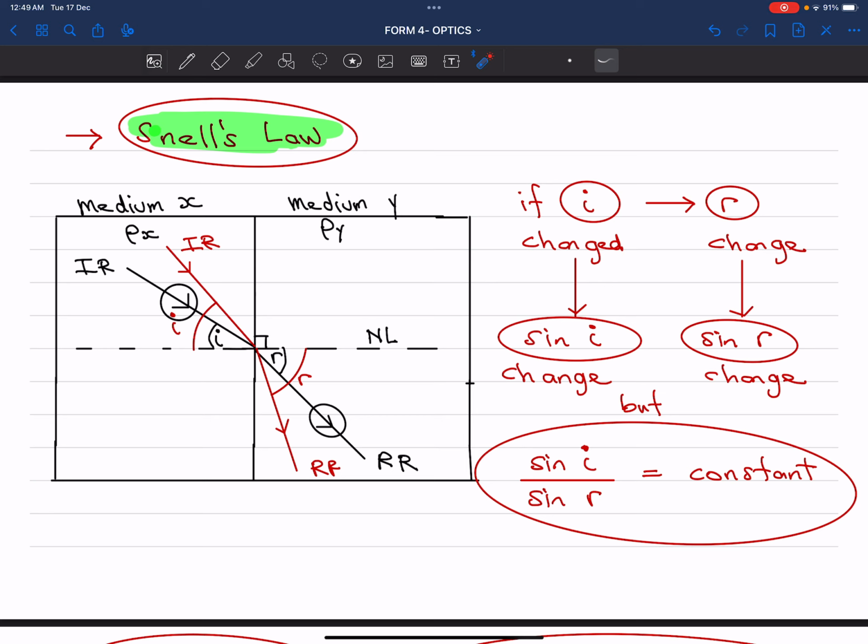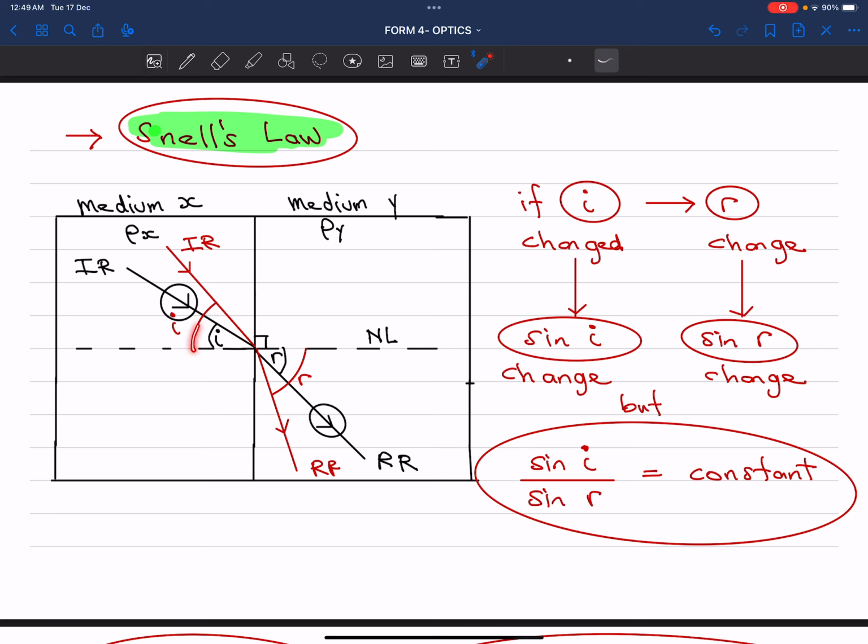Now let us say this incident ray with the angle I, black, I'm going to increase the angle of incidence. I increase the red one. So now I have an incident ray, red, with a bigger incident angle, because the I, the black, I've changed to red, bigger.